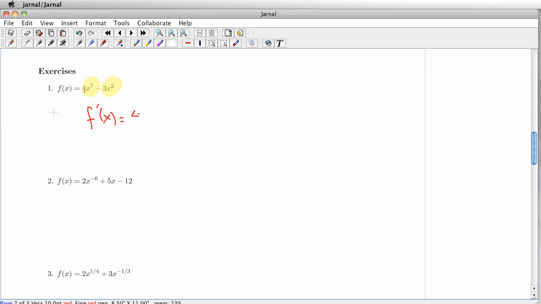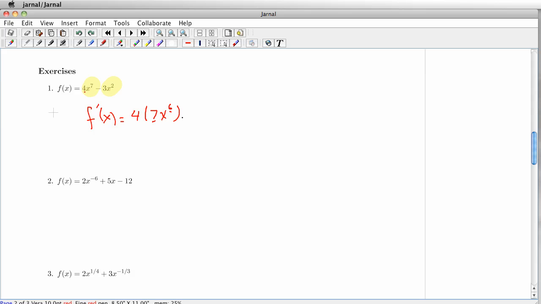So ignoring it means don't do anything to it. And then we'll apply the derivative rule for x to the 7th. Well, the derivative rule for x to the 7th is that the derivative should be 7x to the 6th. The power rule is that the power of x, that's here, so the 7th power of x comes down front, and then this power gets reduced by 1. So that's it, that's the rule.